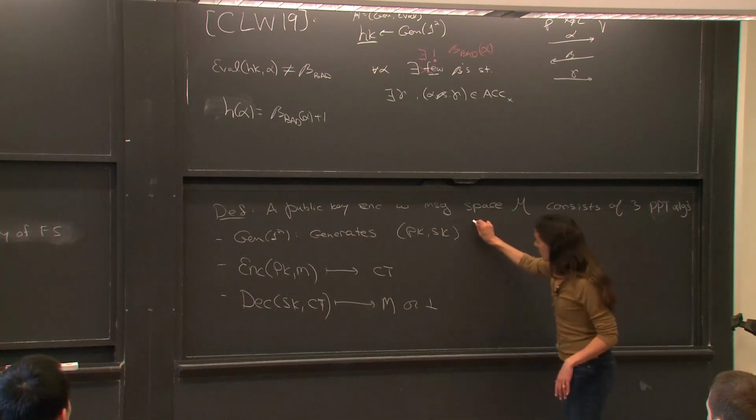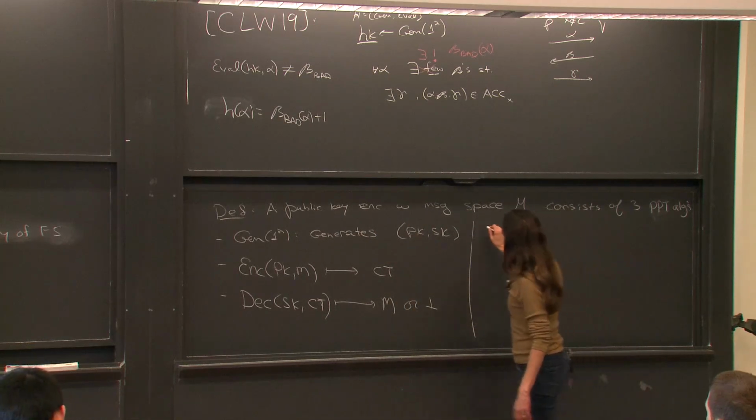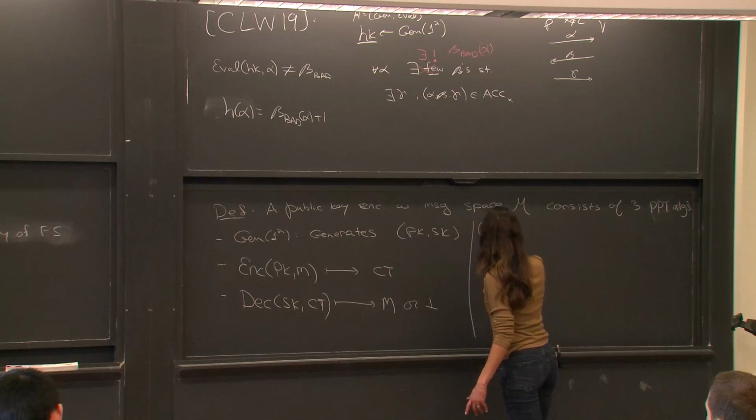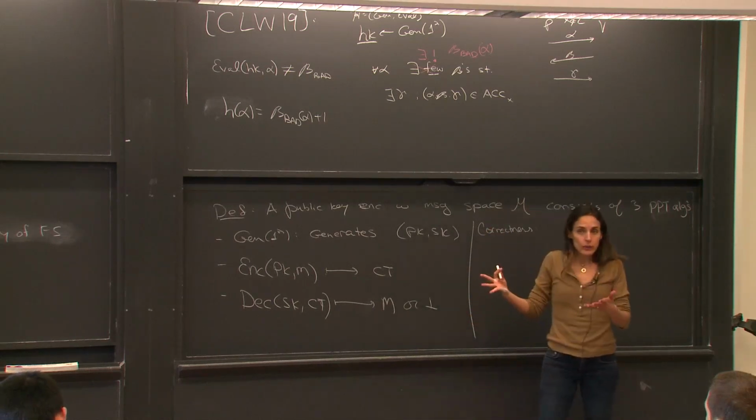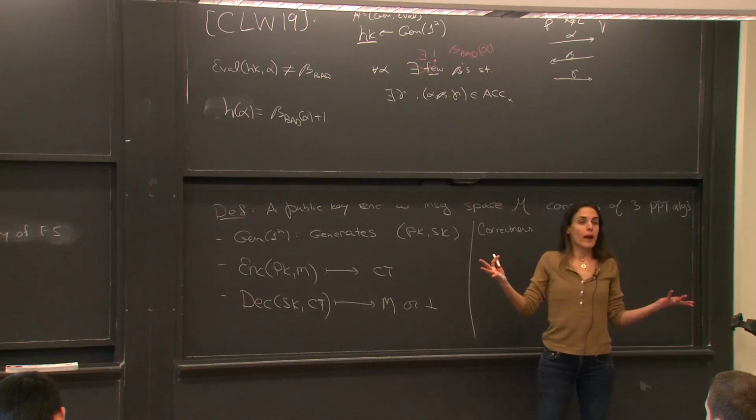Okay, and the properties we want, the first is correctness or completeness, which just says if you encrypt a message and then you decrypt it, you get your message back.